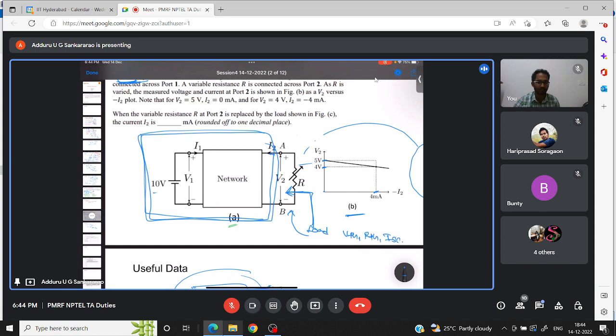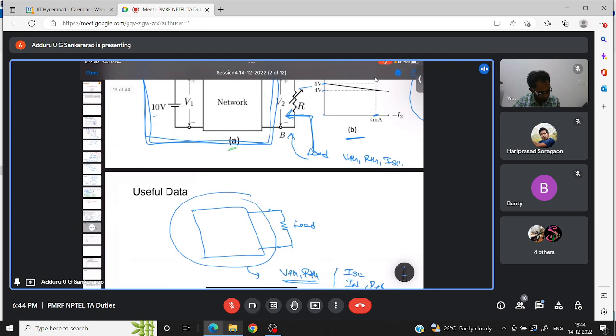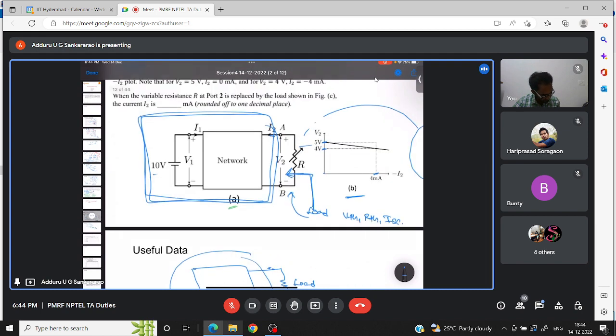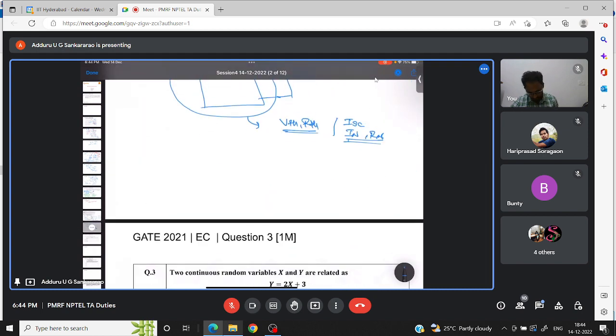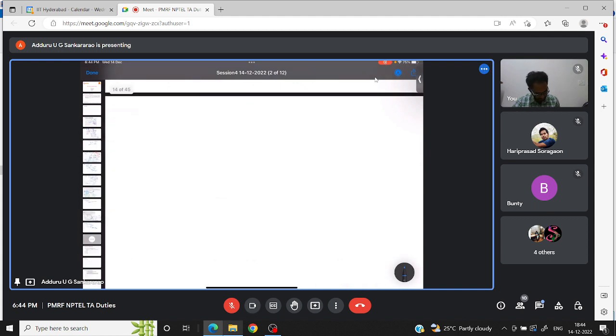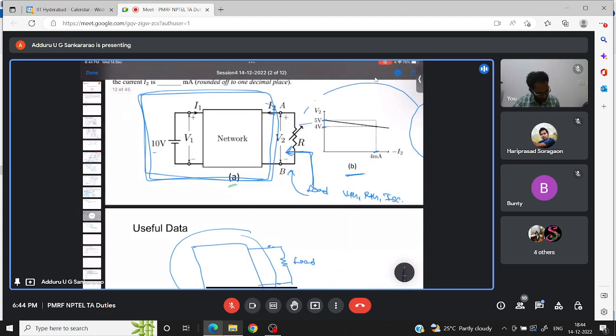That's how Thevenin's theorem works. Now the graph they have given, the characteristics, I will extend a little bit.